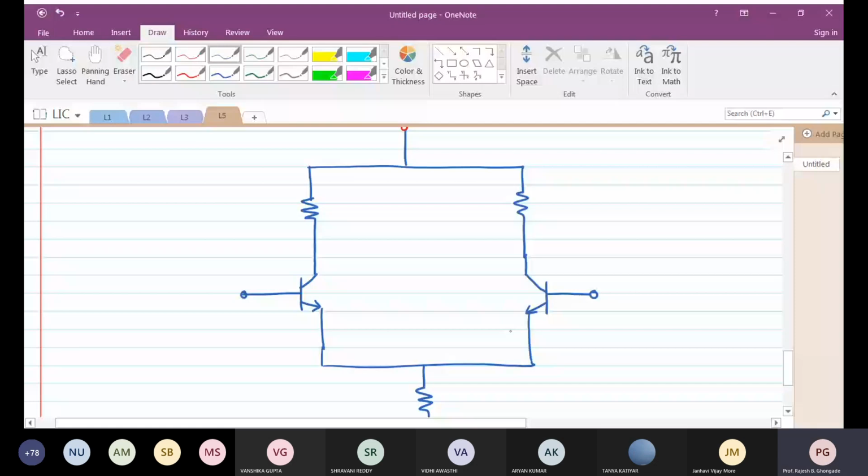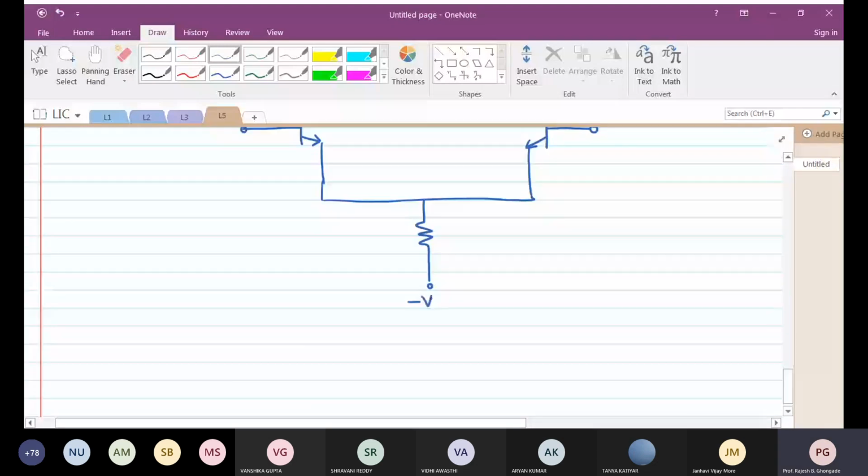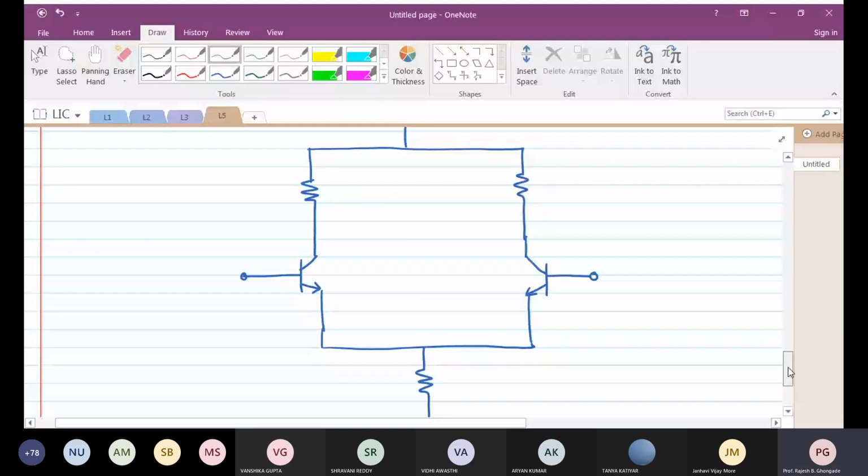This is going to be plus VCC. Interestingly, this is going to be minus VEE. As I said, this uses a dual polarity power supply.